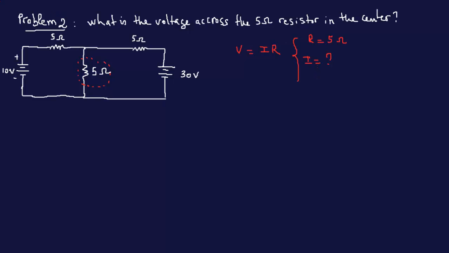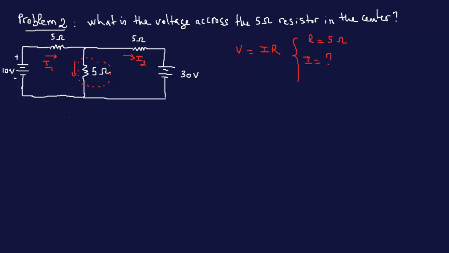We could start using KVL. So we can pretty much start dividing our current. Let's assume that I1 goes through that one, and I2 here. And remember KCL: the sum of currents going in is equal to the sum of the currents going out.